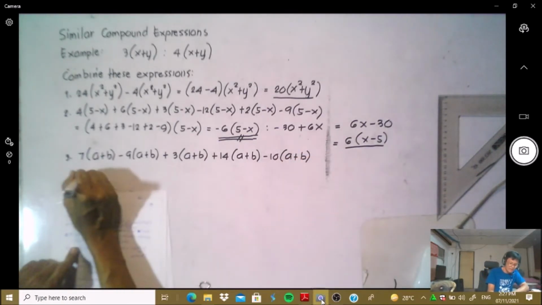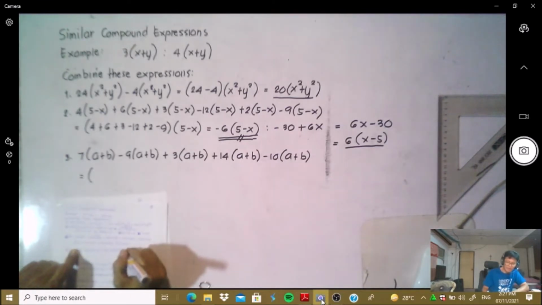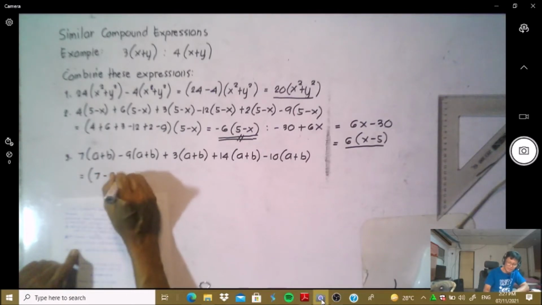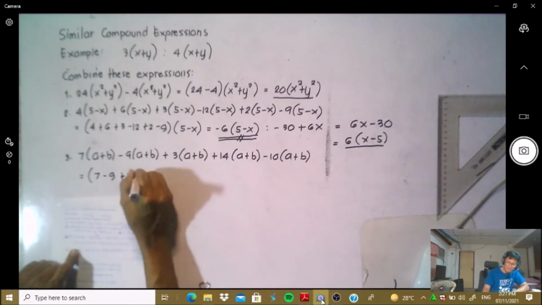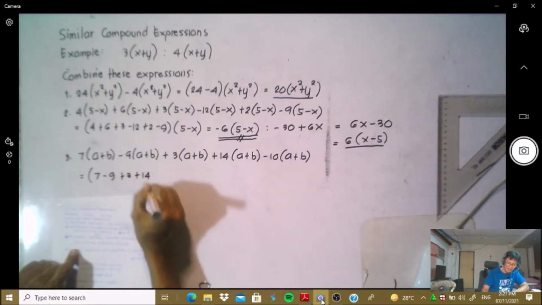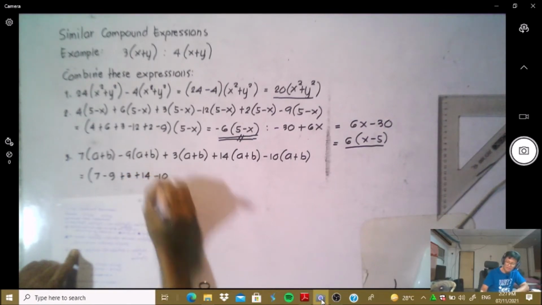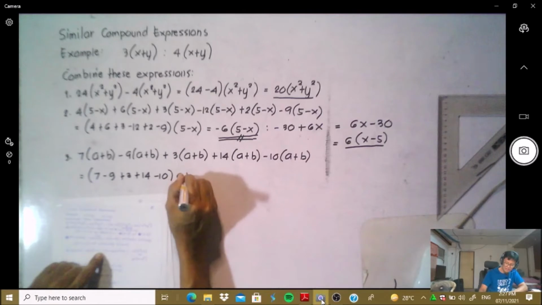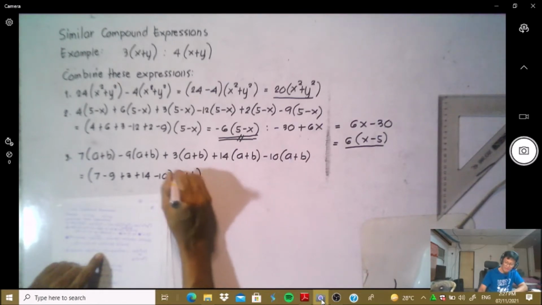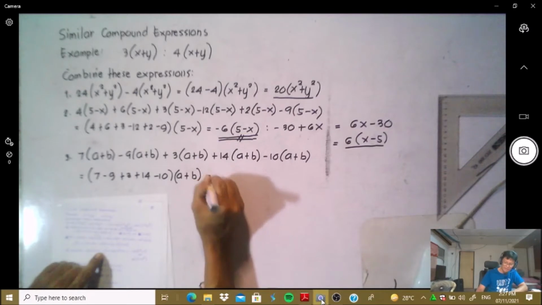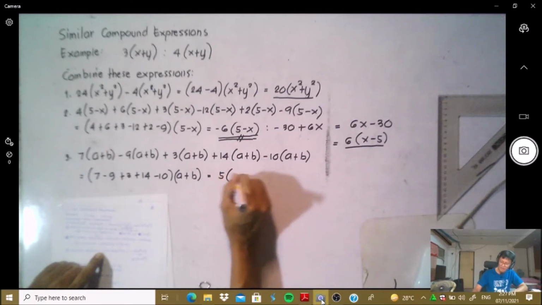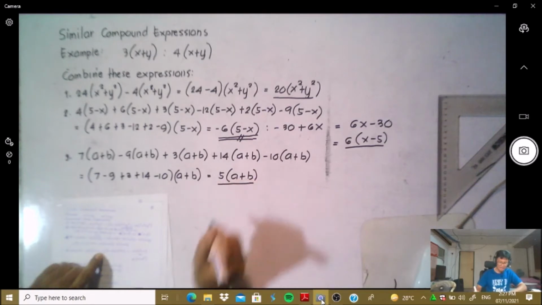So we will factor out a plus b. So we have 7 minus 9 plus 3 plus 14 minus 10, multiplied by a plus b. And therefore, 7 minus 9 plus 3 plus 14 minus 10 is equal to 5, times a plus b. And therefore, this is our answer.